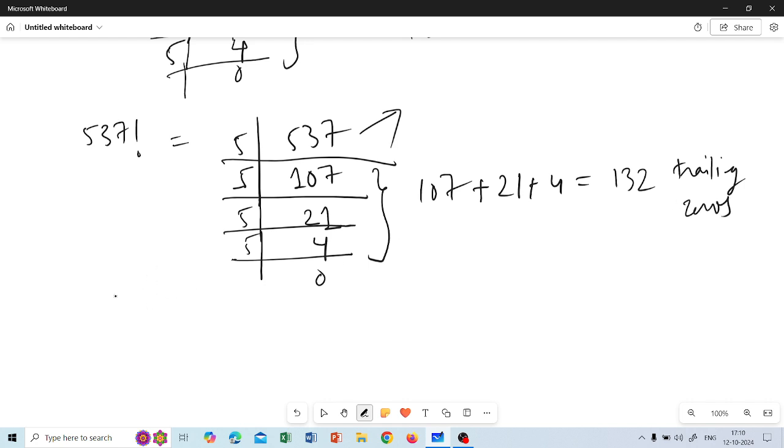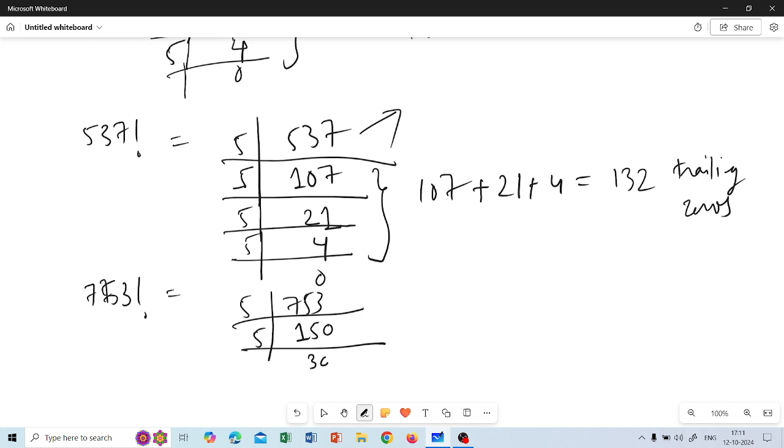We are only discussing trailing zeros, so I am not writing it again and again. Let me take an even bigger number. Let me take 753 maybe. If I take that, what happens? Again, it is only simple division. 753, 5 ones are 5, 5 5s are 25, 0, and 50, and 5 3s are 15, 0.